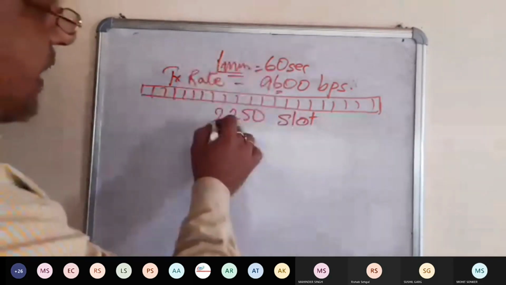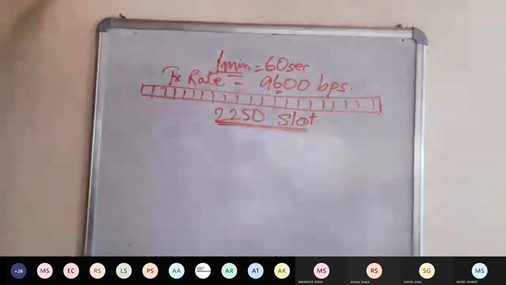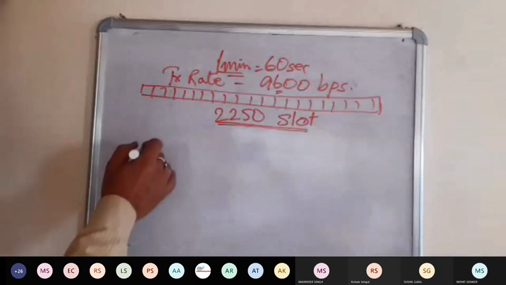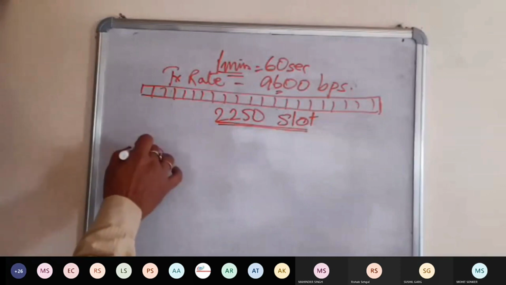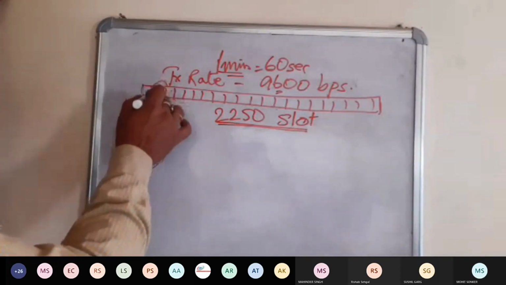इस एक मिनट में there are so many time slots. A ship A will try to transmit in one slot.